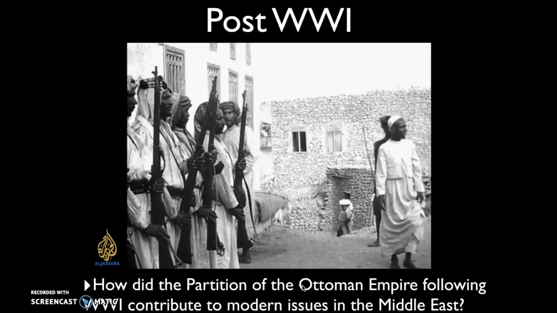The other thing to note here, remember the Ottoman Empire was the sick man of Europe in the late 1800s, and Europeans didn't have significant interest because, as we talked about, there wasn't a really valuable resource to them. Well, that really changes in the late 1800s with the invention of the internal combustion engine, and then oil becomes a far more valuable commodity or resource.